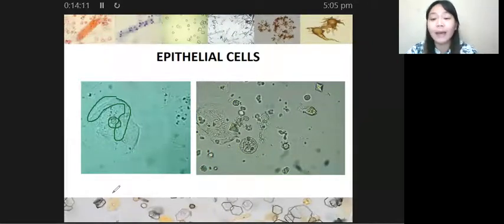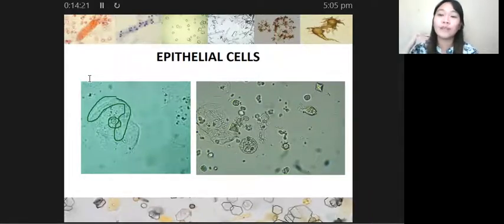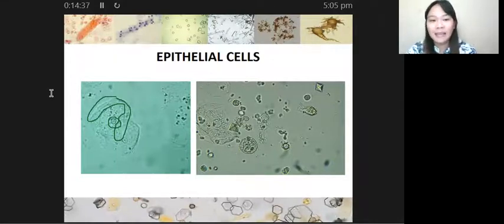So where does our squamous epithelial cell originate? Alright, very good. Start from the bottom. We have your vaginal lining for females and of course the lower portions of your urethra for both male and female. It is the least significant but it is the most frequently seen epithelial cell.